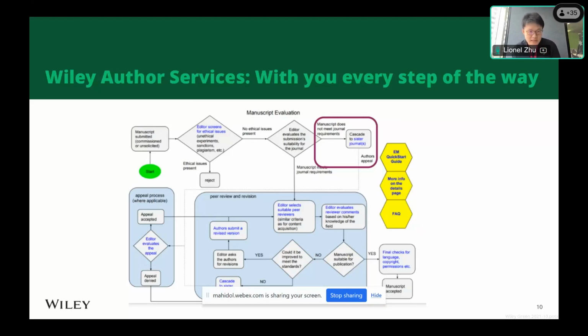In theory, the handling editor won't use your recommended peer reviewers, but just in case, after 2 to 3 rounds of invitations there are insufficient peer reviewer reports, by that time the handling editor would use your suggested peer reviewers. So it is suggested to have your novelty and significance written in the cover letter, and also try to recommend some peer reviewers.